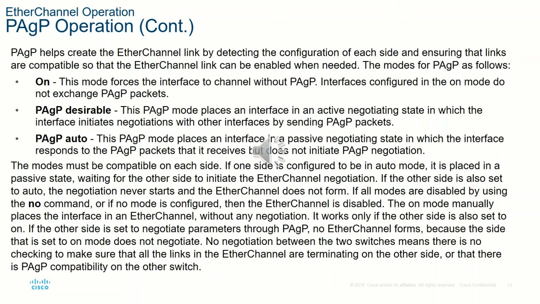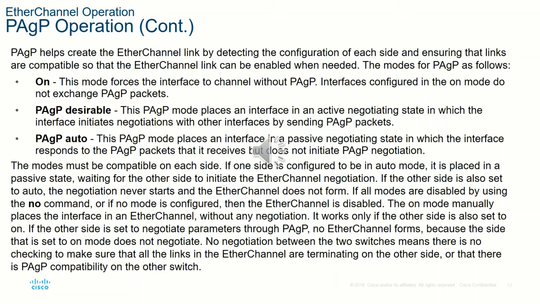Because switch A will negotiate, sending the PAgP packets to switch B. Switch B will receive the PAgP packets, and because it is in the passive negotiating state, once it receives the PAgP packet, it will respond to it. The response will go back to switch A, so the EtherChannel will be created. So when you configure PAgP desirable at one end and PAgP auto at the other end, the EtherChannel will be created.